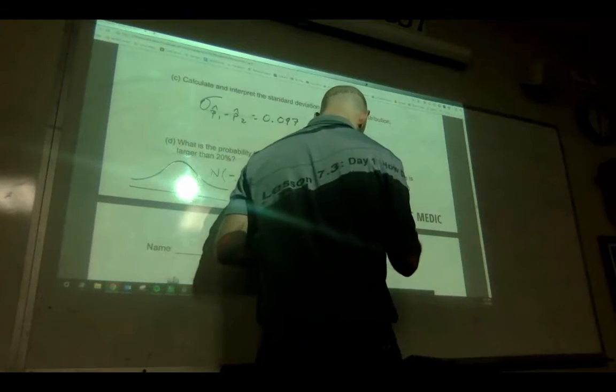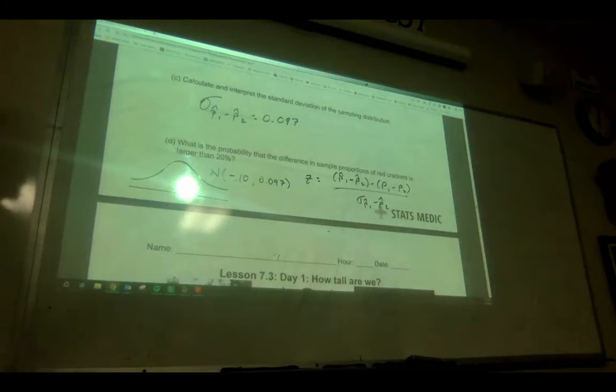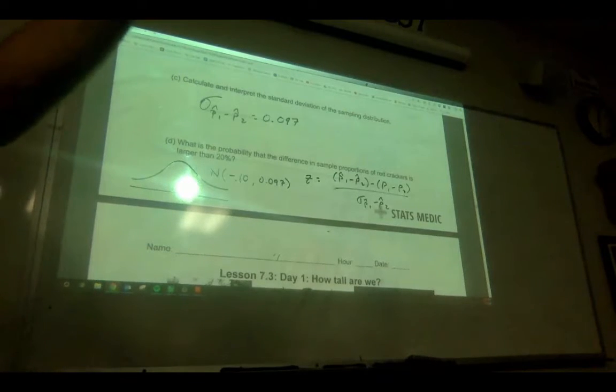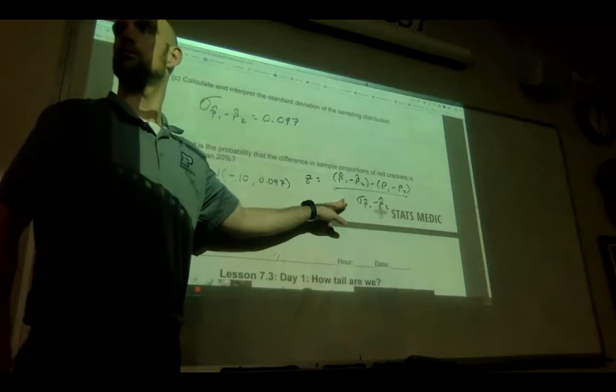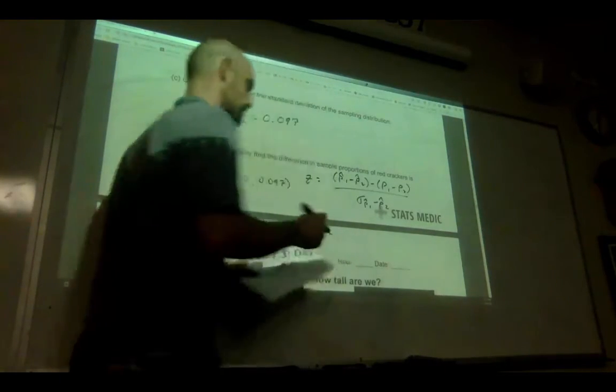You have to show the formula. You have to show this is what I'm doing. Just like you have to label it if you use your calculator, you also need to say, this is the formula that I'm using. And again, this is just me helping you review.